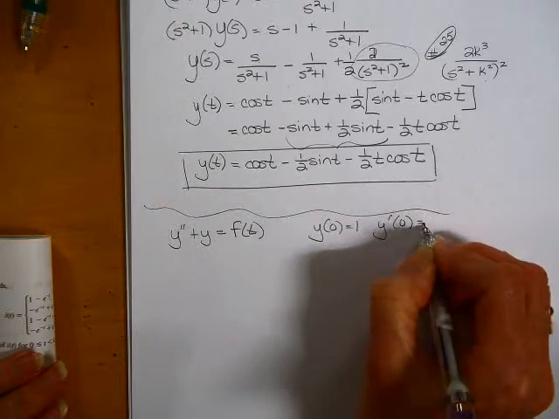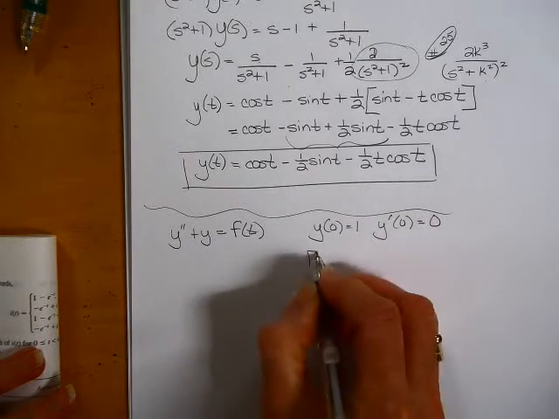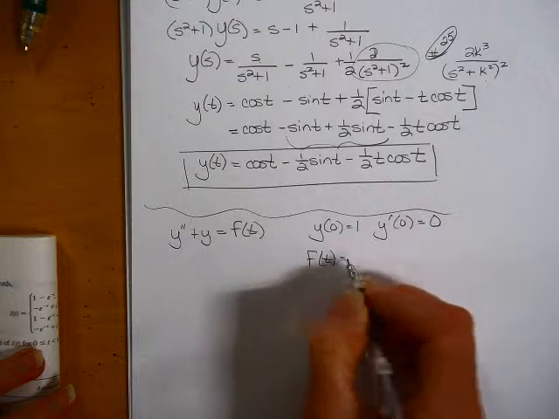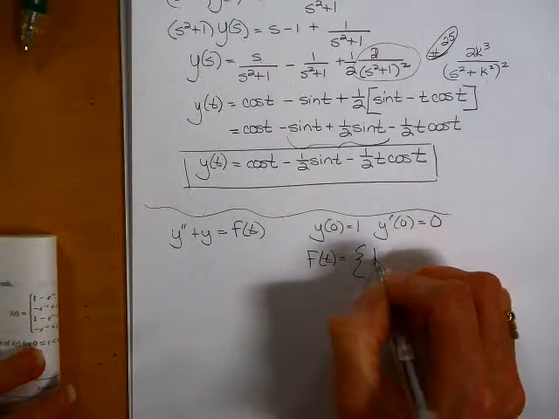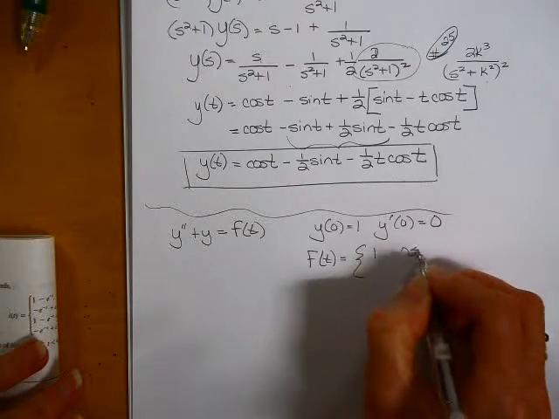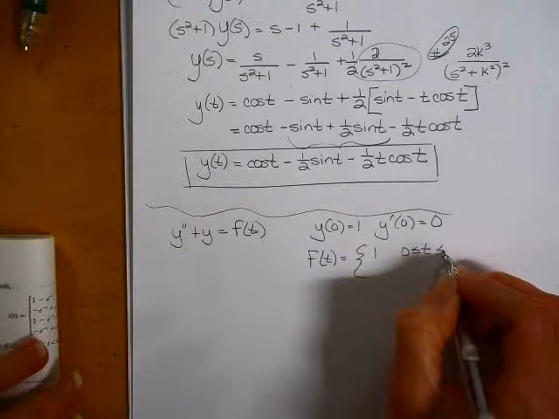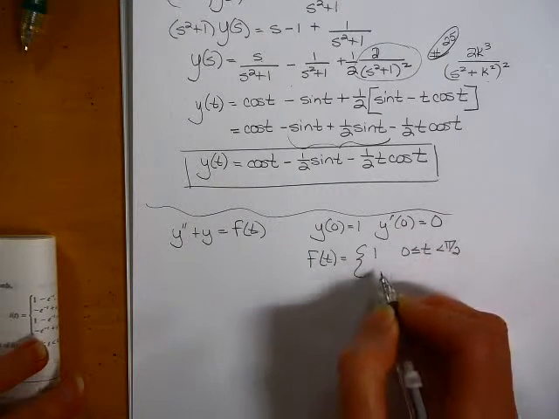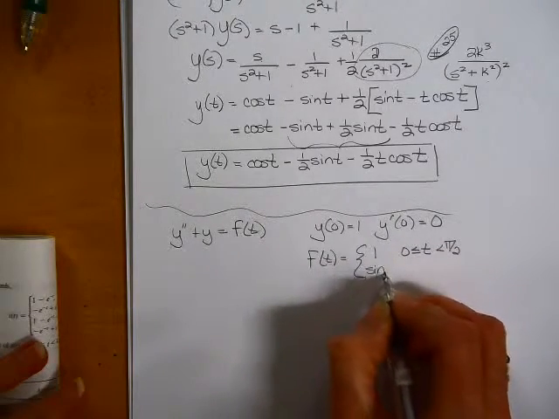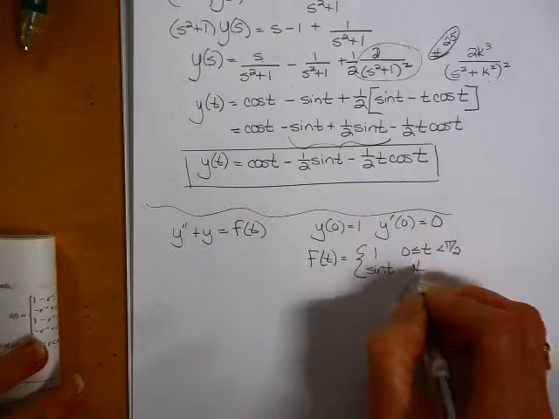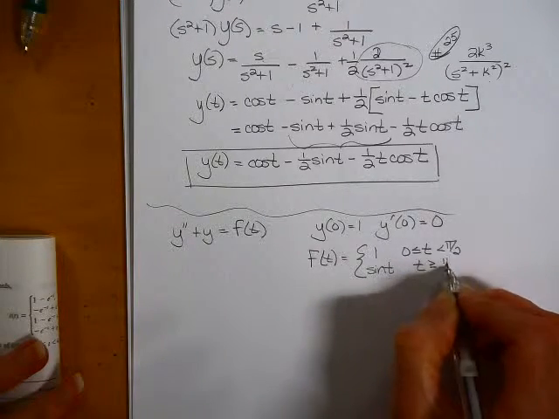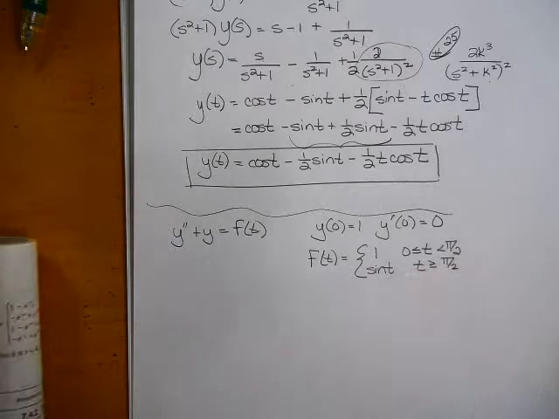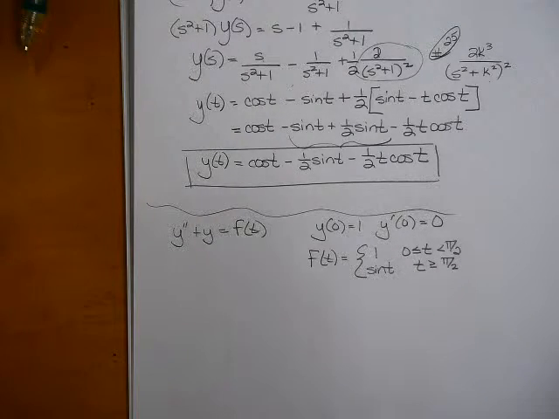Y prime of 0 is 0. And f of t is 1 when t is between 0 and pi over 2, and it is the sine of t when t is greater than or equal to pi over 2.